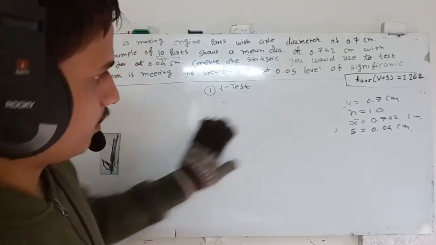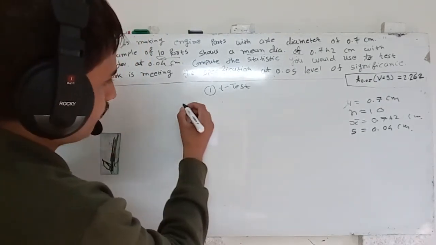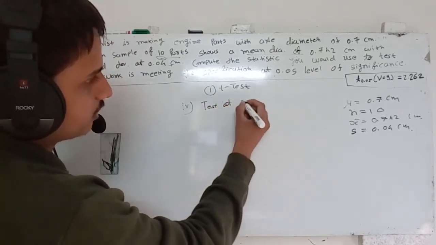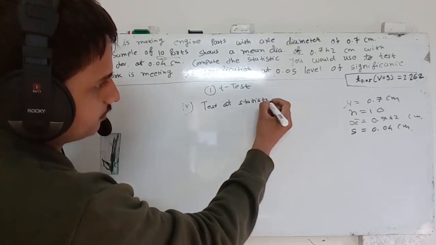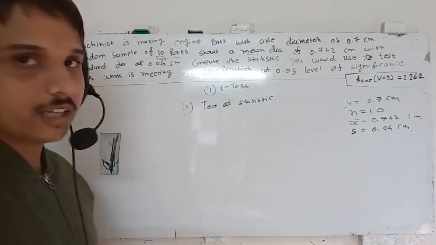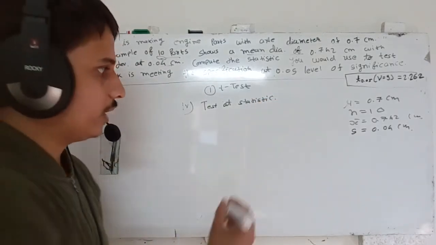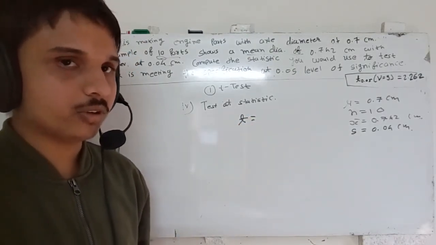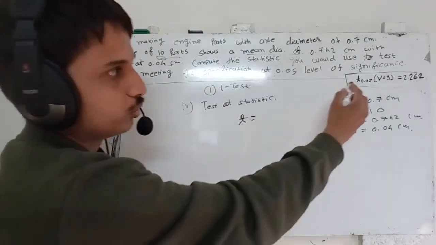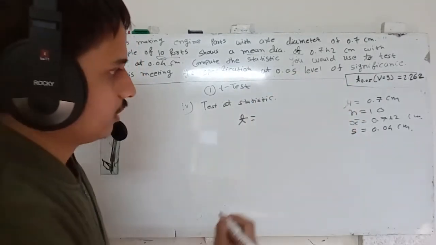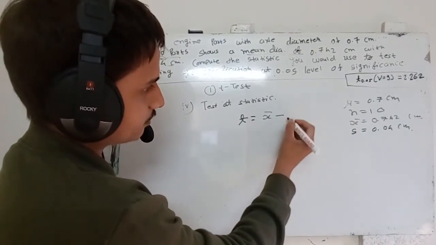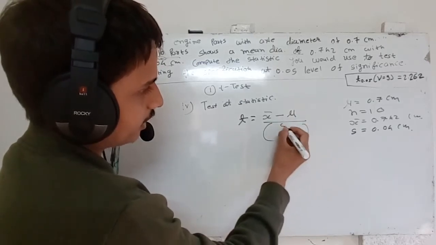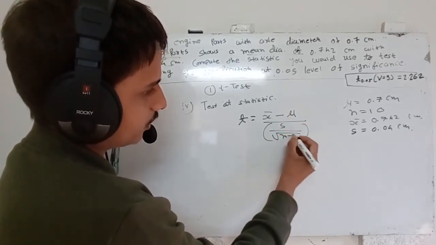In fourth step we are going to test of statistic. Now guys, you have to remember one equation for your examination, because from this equation you are going to calculate t value, and you have to compare this t value to this value given in the question. So it is x bar minus mu divided by s upon under root n minus 1.